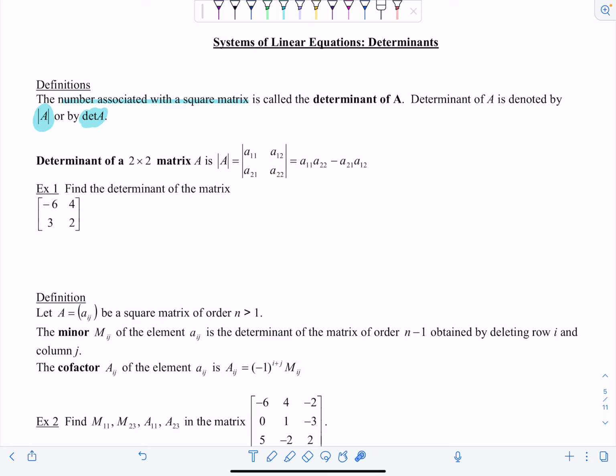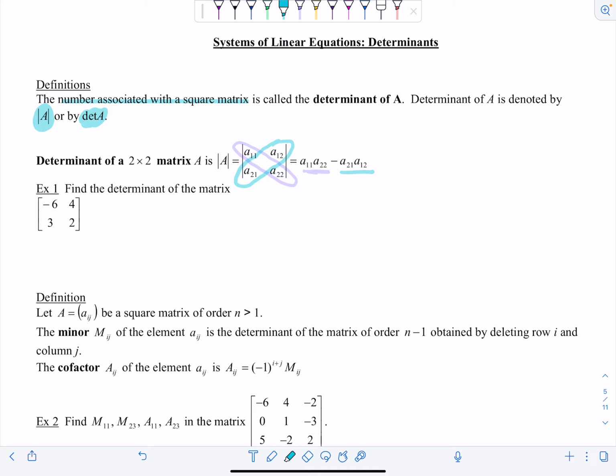So those represent whatever the entries are. If I'm finding the determinant of A, it's equal to the product along this diagonal here, a11 times a22, minus the product of the other diagonal, a21 times a12.